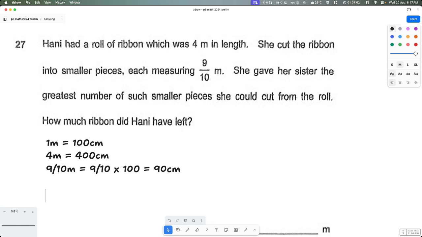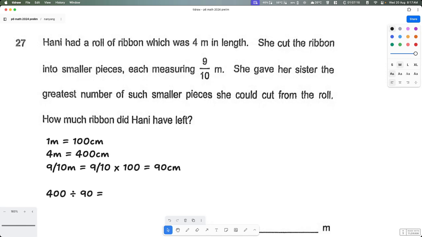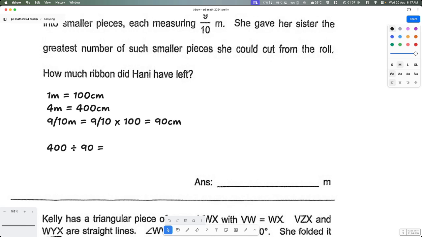So we have 400, and then we divide 400 by 90. 4 times 90 is 360, so it's 4 remainder 40 centimeters.